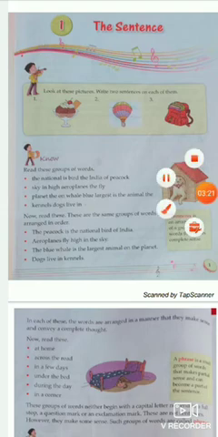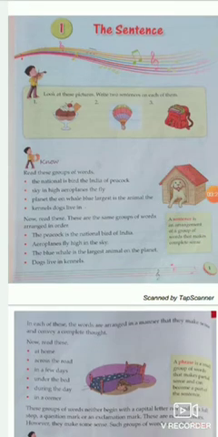Okay, so students, can you tell me what is vowel? We are going to tell you what is vowel. Any of the sounds represented in English by the letters A, E, I, O, U are called vowel. Now tell me what is consonant.